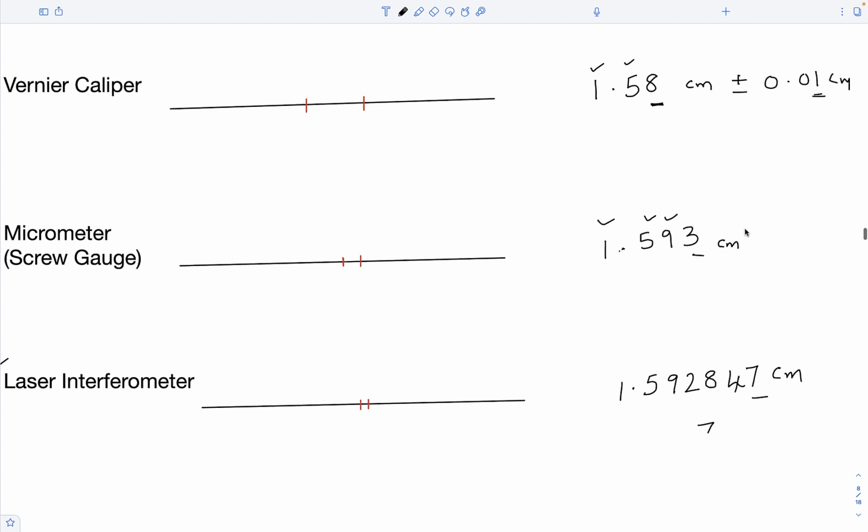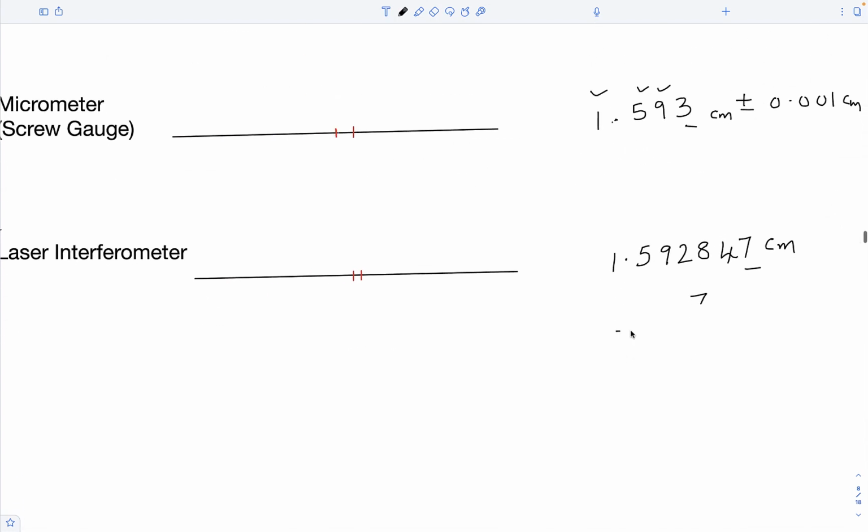And in this case, it is plus or minus 0.001 centimeters. And in this case, it is plus or minus 0.12345, 1, 2, 3, 4, 5, and then a 1. So this is the assumed uncertainty in this measurement.